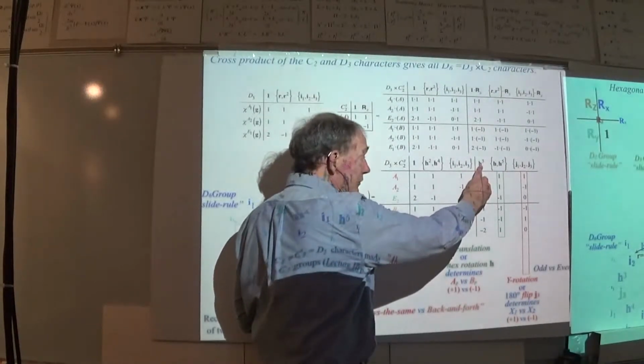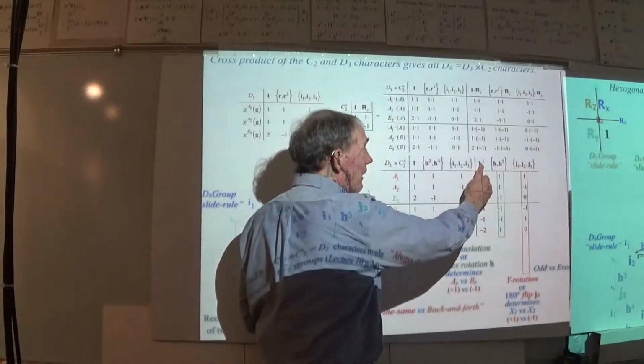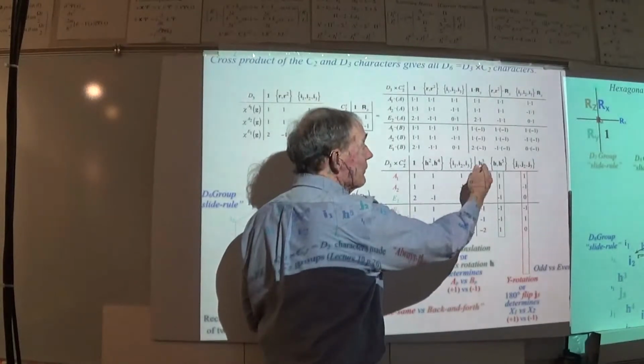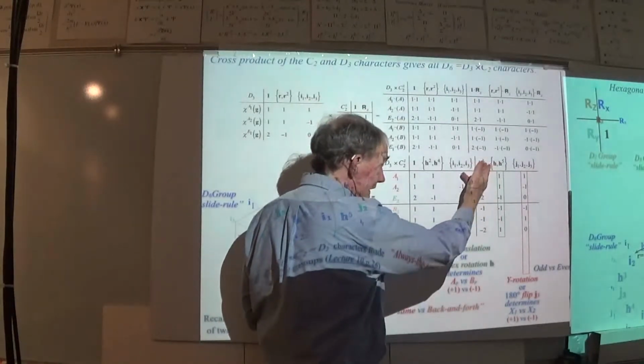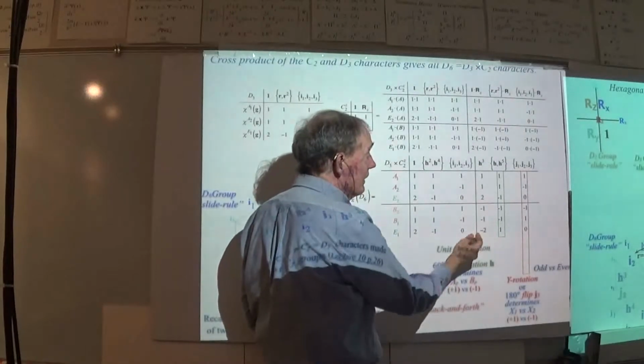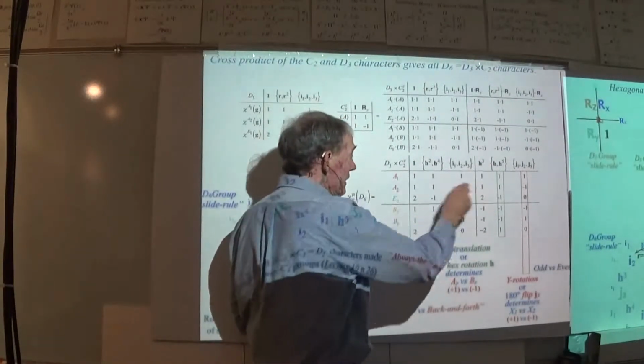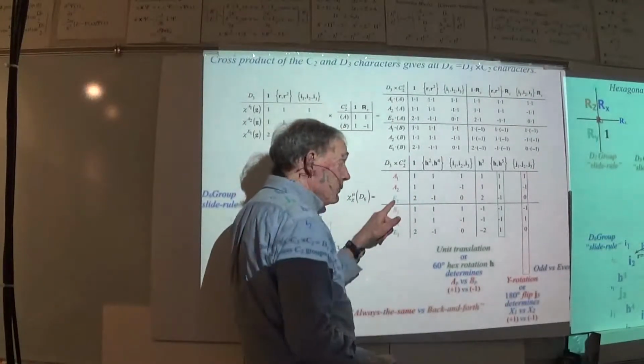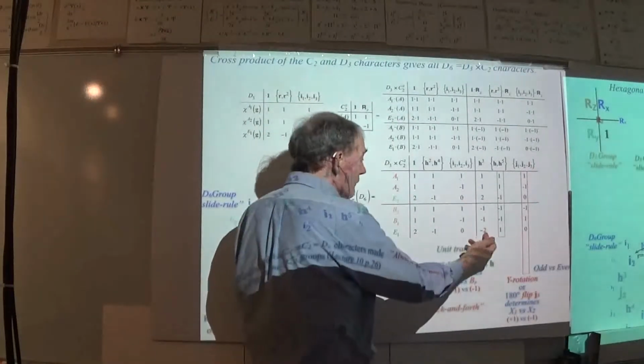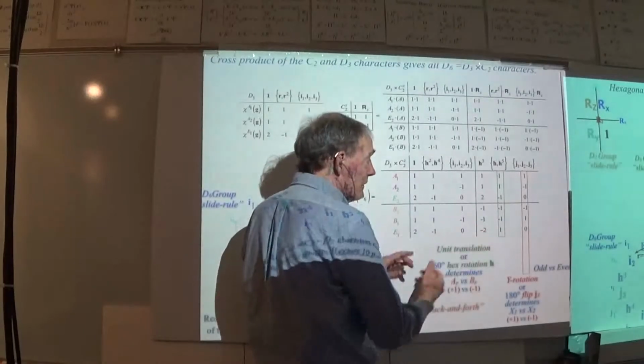That is H, which is the 60, and 3 times that is the 180 degree rotation, giving you a minus sign for both of those and a plus sign for both of those. For this one, it has both. For this one, it has both.